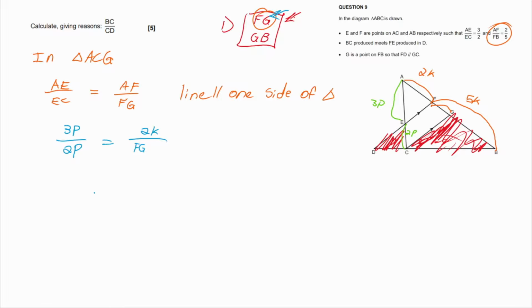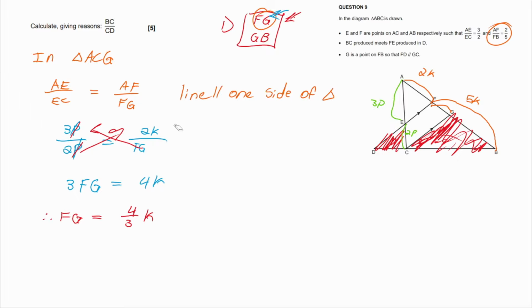These p's fall away, and we get 3FG is equal to 4K. Therefore FG is equal to 4 over 3K.